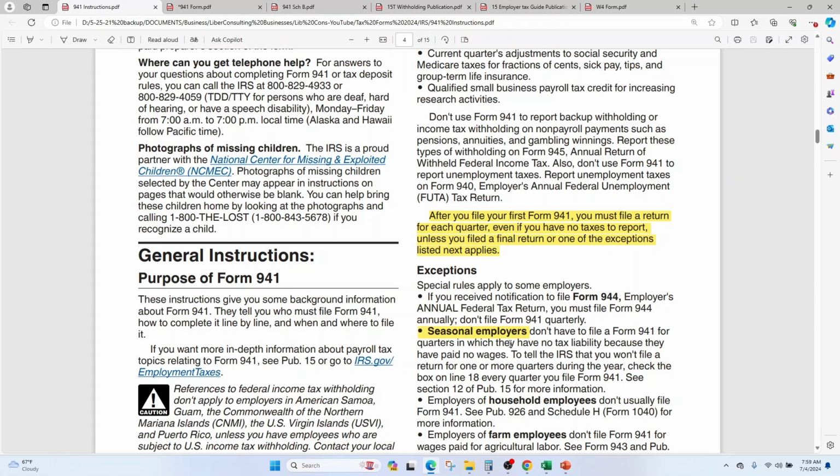Or you are a seasonal employer, meaning you hire employees seasonally, like winter, spring, or fall. Therefore, seasonal employers don't have to file Form 941 for quarters in which they have no tax liability because they pay no wages. So to tell the IRS that you won't file a return for one or more quarters during the tax year, check box 18 on every Form 941 you file.